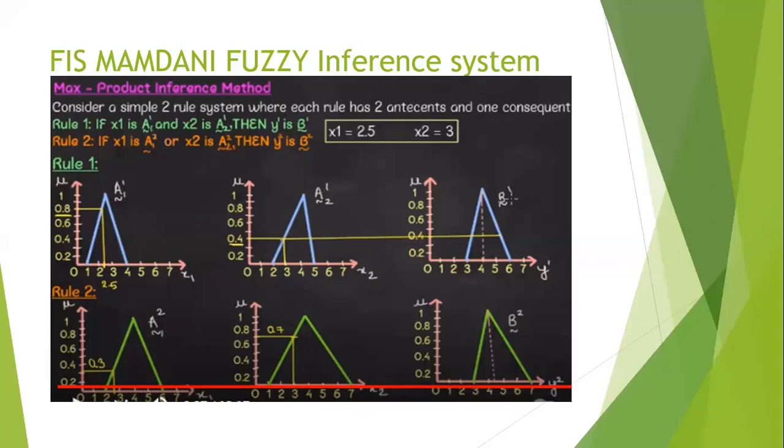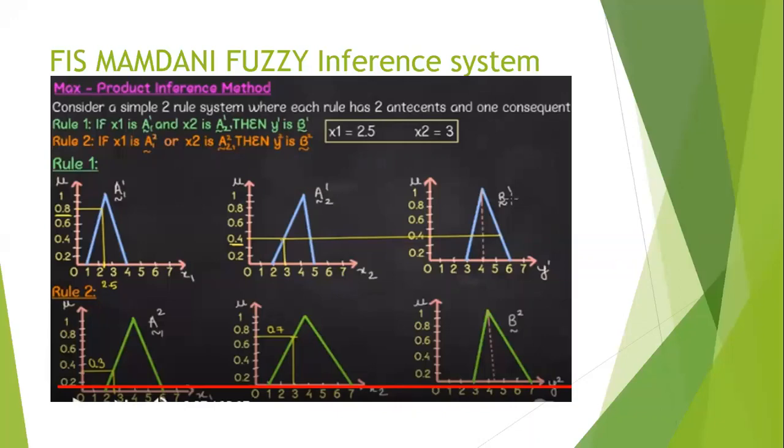Okay, here we have considered two simple rules which have two antecedents and one consequent. Antecedents are x1 is a11 and x2 is a21, then y1 is b1.